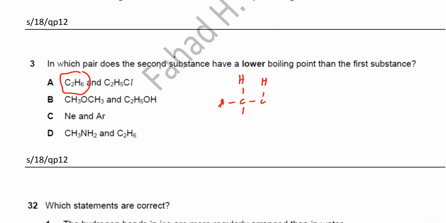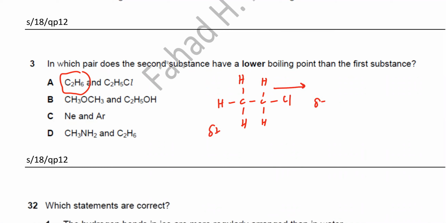This one is completely non-polar. Meanwhile, if you attach the second one, if you attach a Cl over here, now all of a sudden the molecule is polar because all the electrons are getting pulled to one side. So this side would be negative, this other side would be positive.